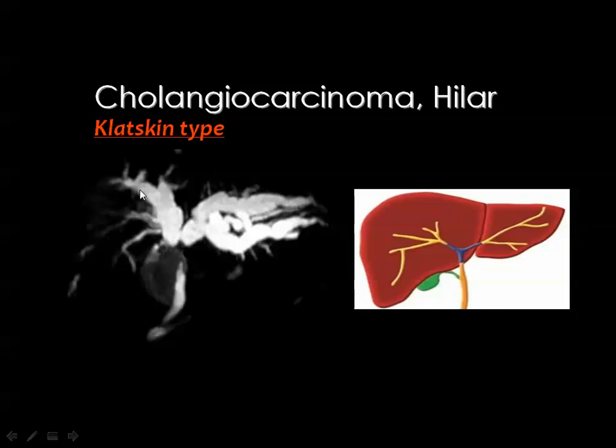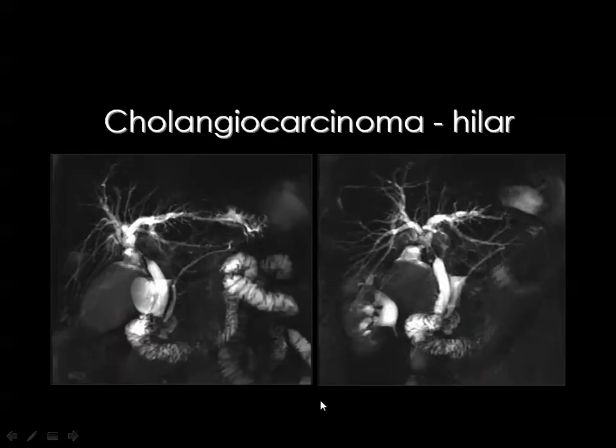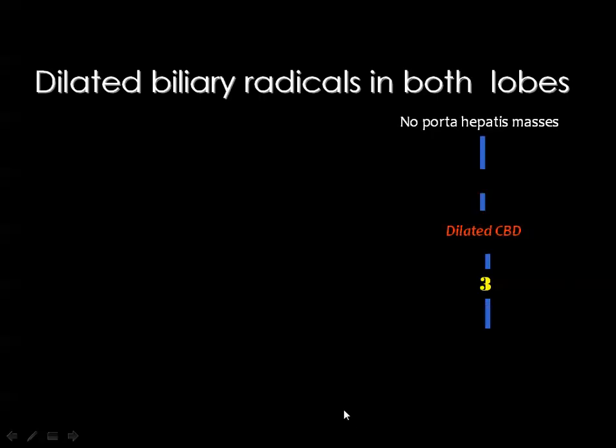You see dilated intrahepatic biliary radicals in both lobes and the stricture at the hilum of the liver. Then this is hilar cholangiocarcinoma, or the Klatskin type. And this is an MRCP showing the classic appearance of cholangiocarcinoma at the hilum, dilated intrahepatic biliary radicals, a stricture here and there, as well as in the proximal part of the common bile duct.